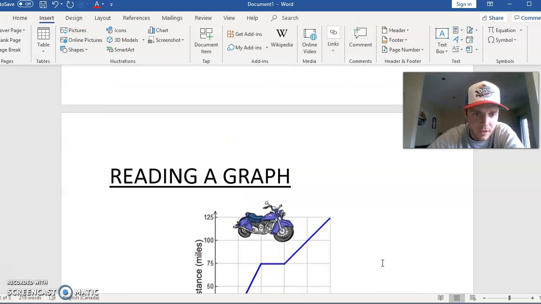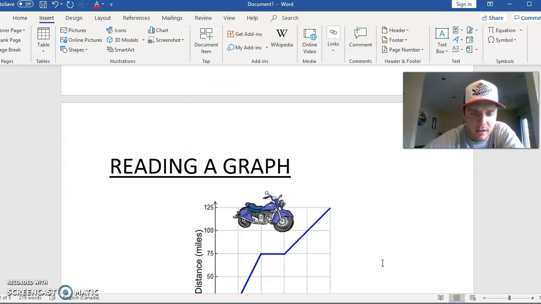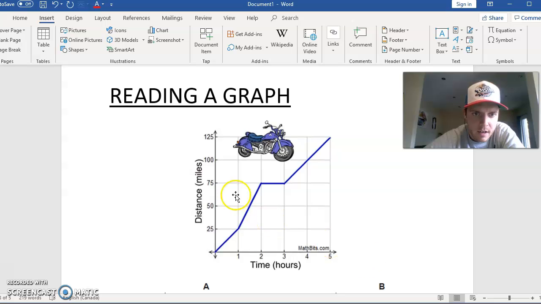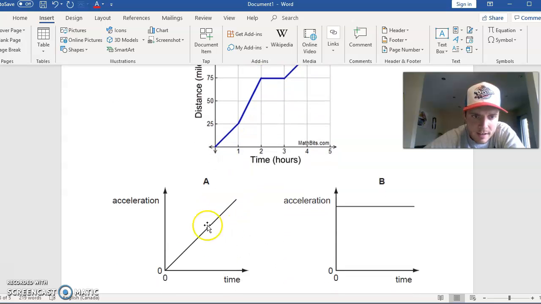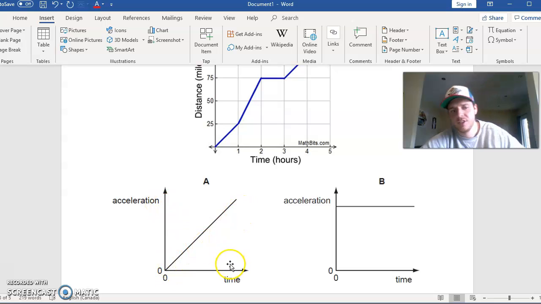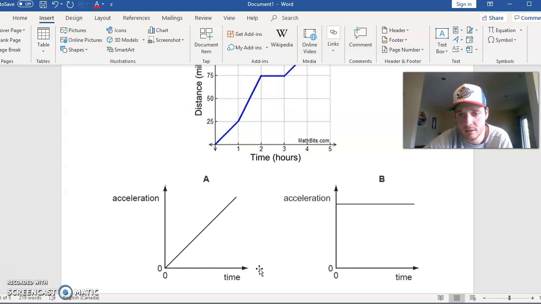A very similar question. We then learned how to read a graph, which we did right here. So we talked about a straight line that goes straight up or straight down is constant because it's not curved, it's straight. Either constantly rising or constantly decreasing. Doesn't matter, either one.